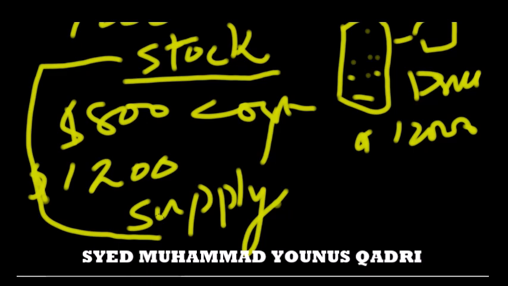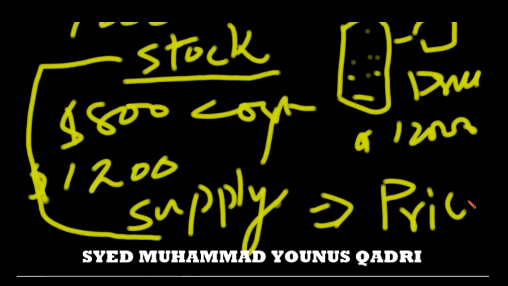If the same product from the stock is ready for the market to be sold, then the producer will tag it with a price. So supply is related to price, and stock is not related to price. Stock is not for sale; the product in the store is for future sale, not ready for sale right now.